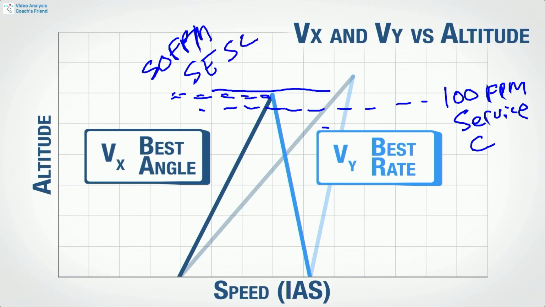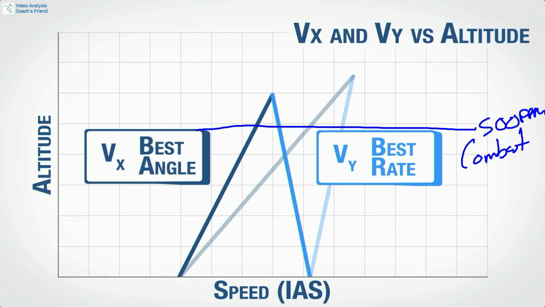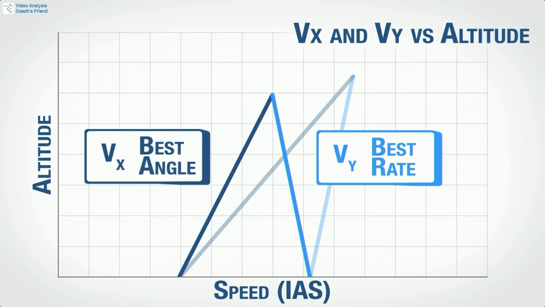That's with one engine feathered and only one engine operating, 50 feet per minute. Effectively, it's the highest you can maneuver the airplane. And then at 500 feet per minute, that's your combat ceiling. But when Vx and Vy meet right here, that's the highest you can climb.